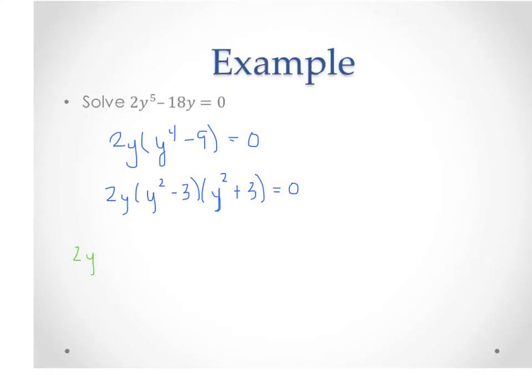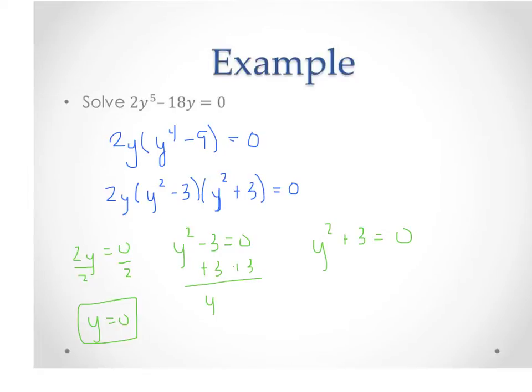So you're going to set 2y equal to 0, y squared minus 3 equal to 0, and y squared plus 3 equal to 0. If we divide by 2, we get y equals 0. If we add 3 to both sides, we get y squared equals 3. Remember, what do you put when you square root? A plus or minus. So we get y equals plus or minus the square root of 3.